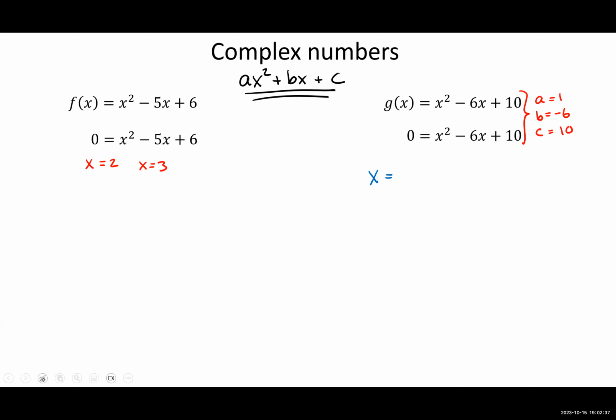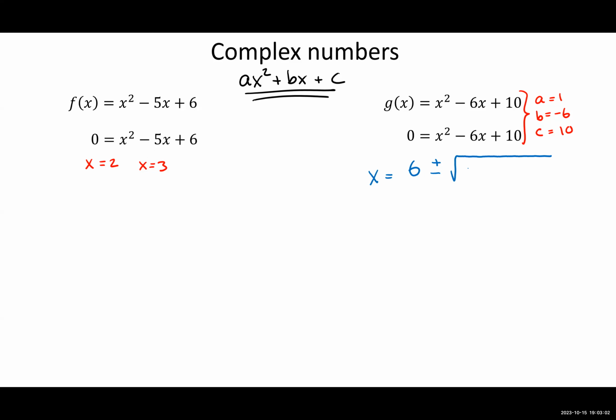So the quadratic formula is telling us that x is equal to negative b, so negative of -6, which is a +6, plus or minus, because there could be up to 2 answers, the square root of b squared.